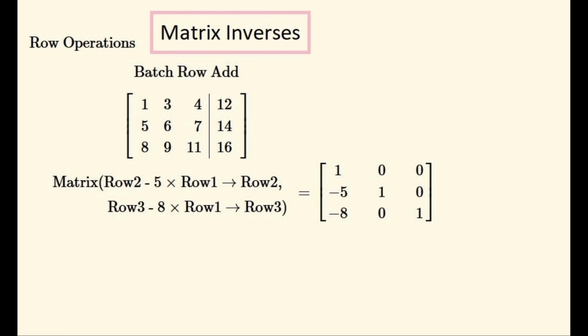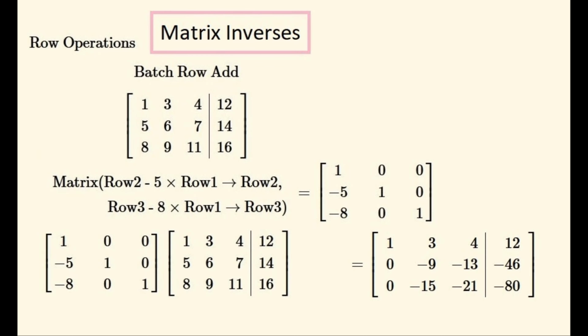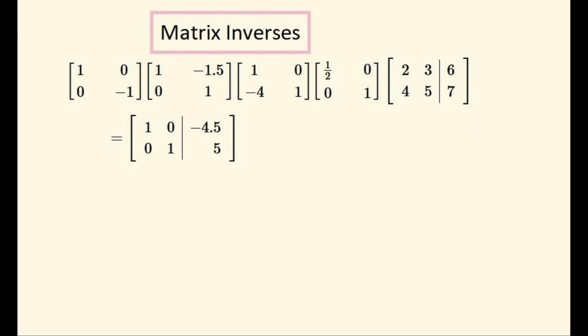This is because we want to subtract 5 and 8 from the first element in these rows. Applying the row operation does this subtraction, so that all of the other entries in this column are now equal to 0.